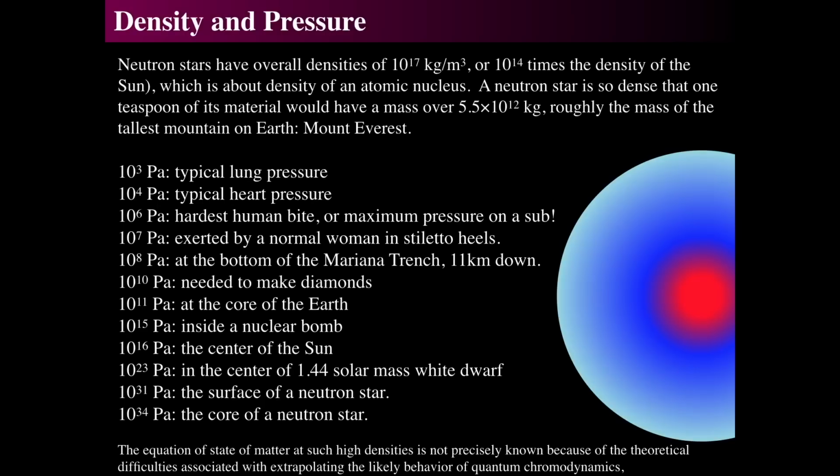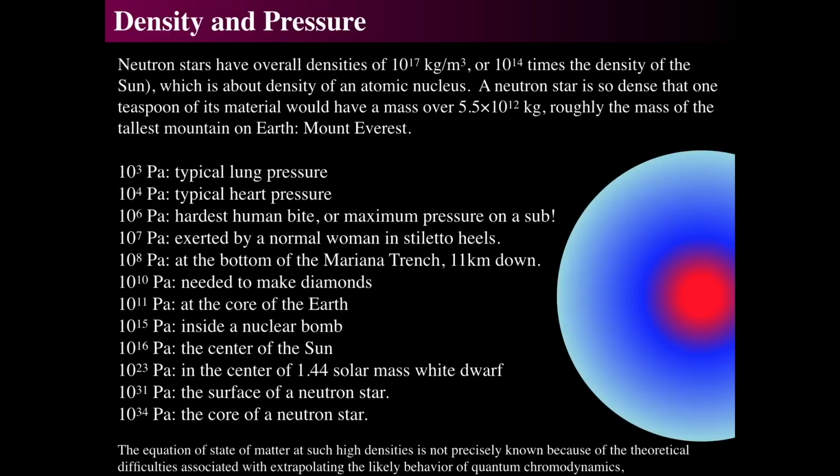It's just very strange. Remember that the equation of state for materials links density, pressure, and temperature. Under these incredible conditions, there's no really good state of matter at these densities.